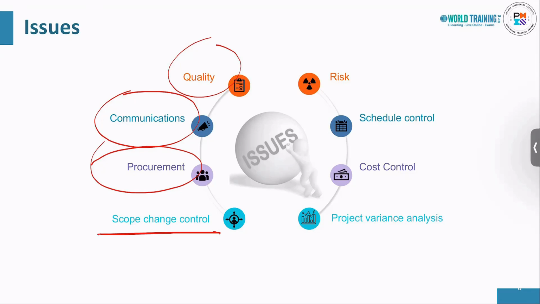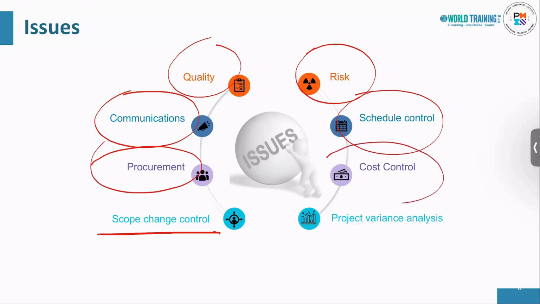Issues could be relevant to risks. Issues could be relevant to scheduling: unrealistic schedules, not meeting the schedules, not meeting the deadlines. Issues could be relevant to cost as well: underestimation, overestimation, waste of resources. So these are issues relevant to cost.